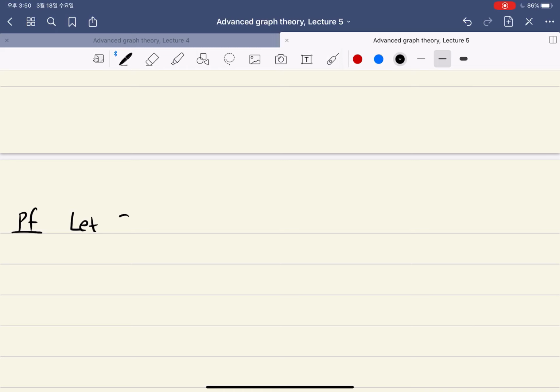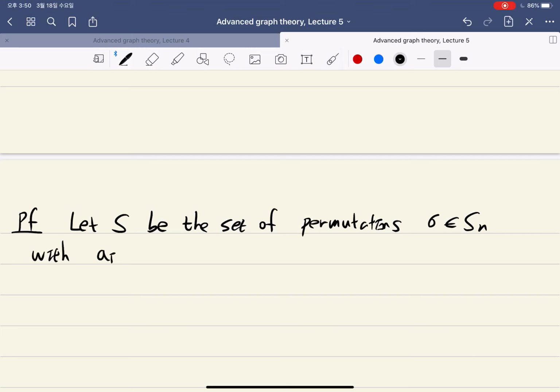So let S be the set of permutations sigma of [n] which satisfy A_{i,sigma(i)} equals 1 for all i in [n].